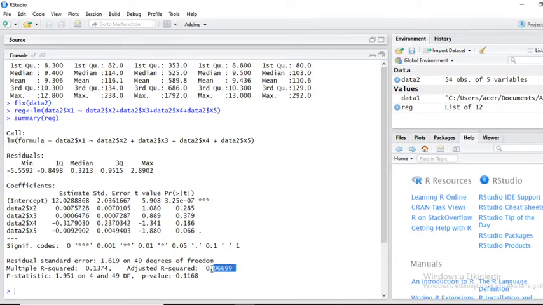Also the adjusted R square, which is the most important one, is 6%. So all the variables explain only 6 or 7% of the death rate within the country. You may agree with me that it's not a good power of regression.